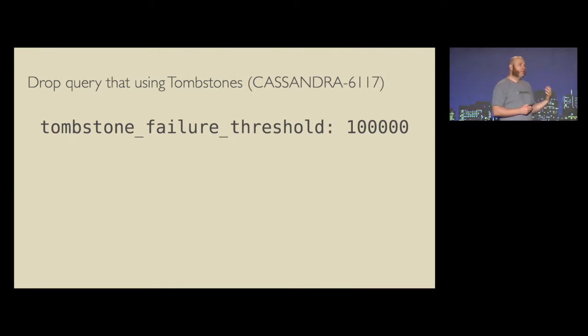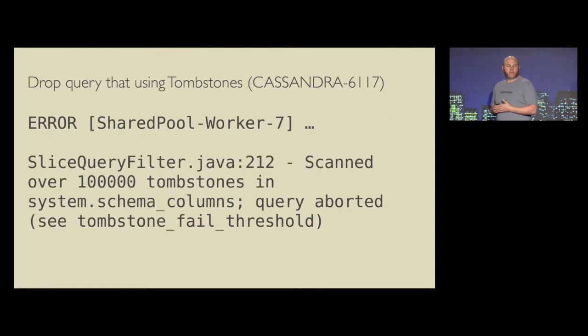So if a read goes over 100,000 tombstones, we will fail that. We will send back an invalid request exception, and that will give you time to go and think about the choices you've made. Meanwhile, we'll put this into the log, and we'll say, hey, there was an error, and we read 100,000 tombstones. Not as useful as the warning message, but the warning message will also be logged, I believe.